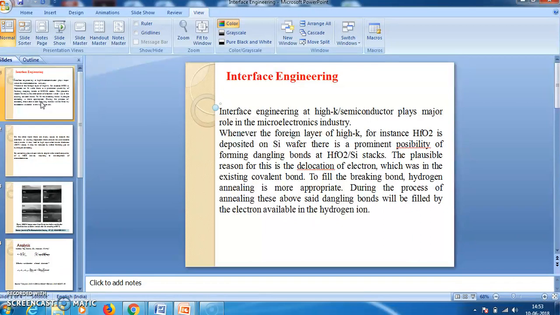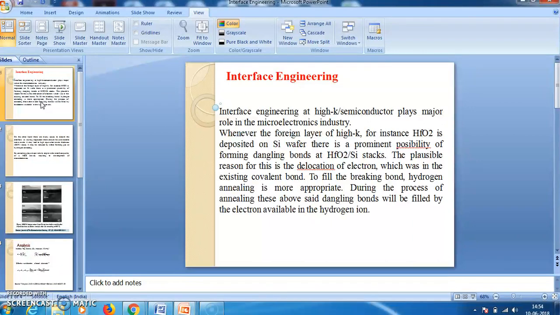Silicon oxide at the micrometer level is okay. It performs well and effectively stops the flow of electrons from metal to semiconductor or semiconductor to metal. That means it effectively stops the leakage currents at the micrometer level size.